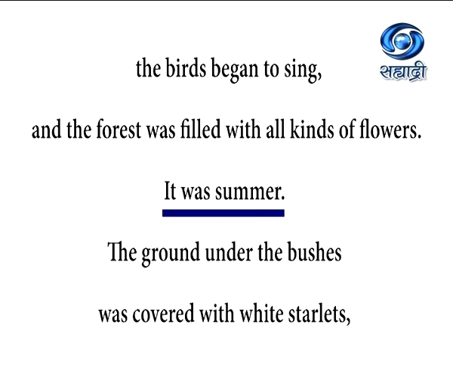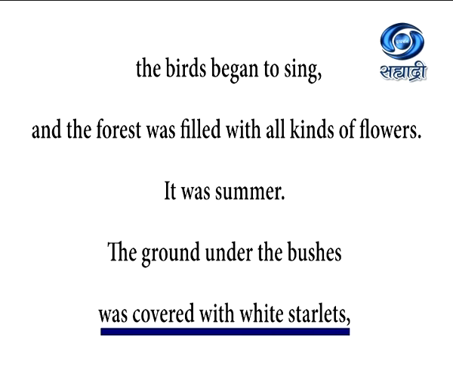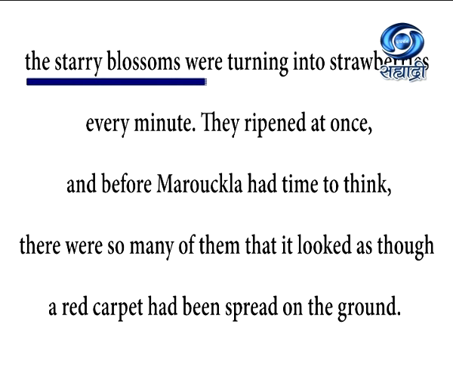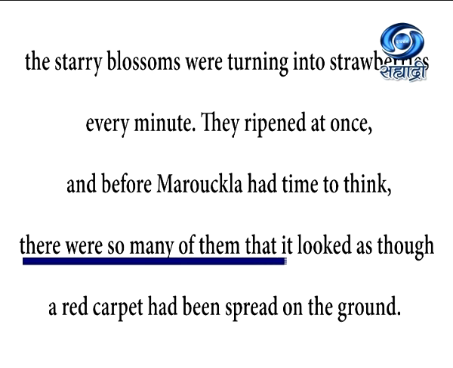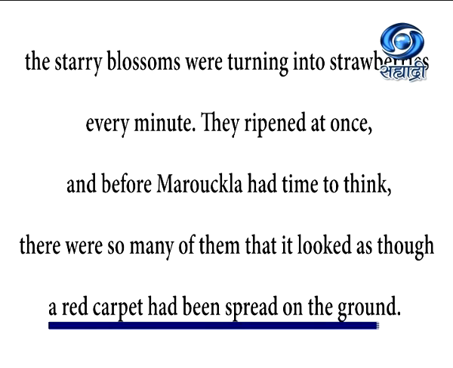It was summer. The ground under the bushes was covered with white starlets. The starry blossoms were turning into strawberries every minute. They ripened at once, and before Morukla had time to think, there were so many of them that it looked as though a red carpet had been spread on the ground.